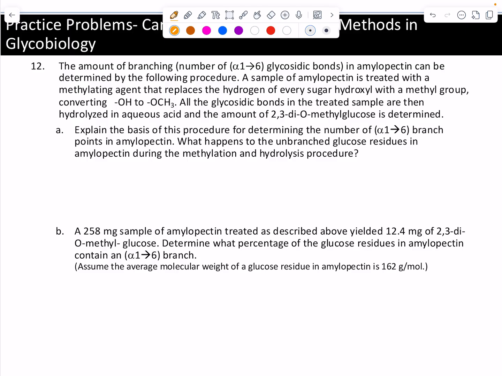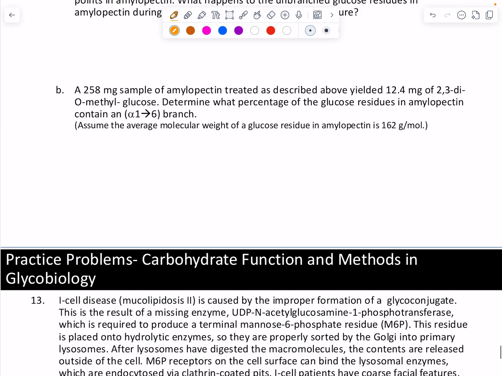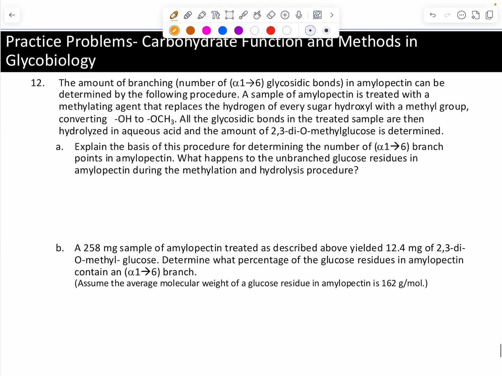So this has to do with branching, and so this is kind of the last two that we're going to do. All right, so if we want to know how much branching you have, so for example, the number of alpha 1 to 6 bonds, okay? This is how we would do it, okay?